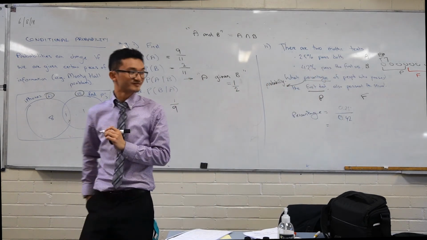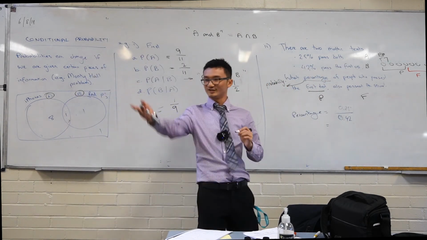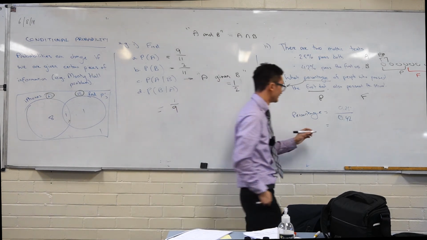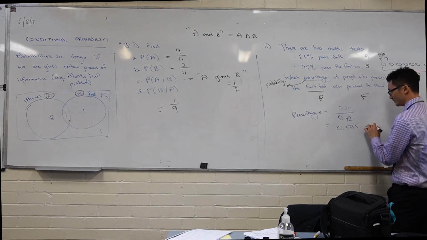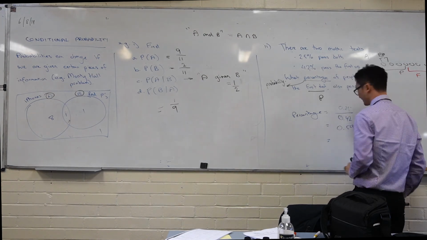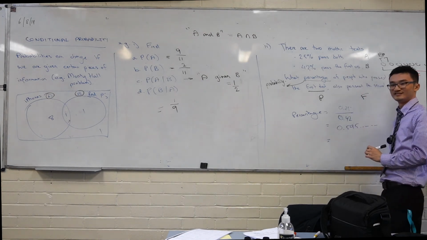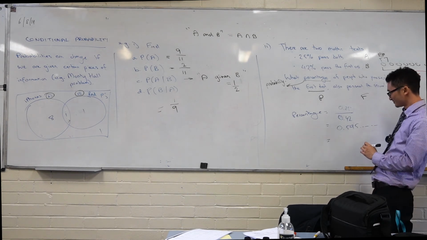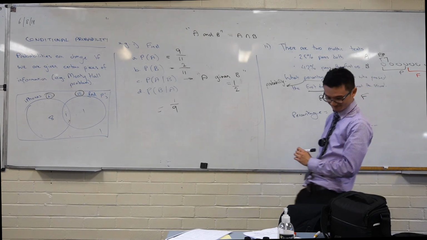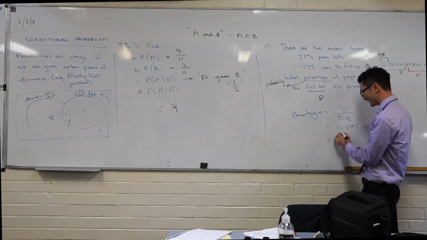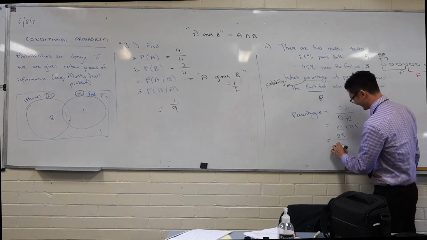About 0.595, rounded to 60%. There are a lot of decimals. You can write it as a fraction: 25 over 42. That is the fraction.